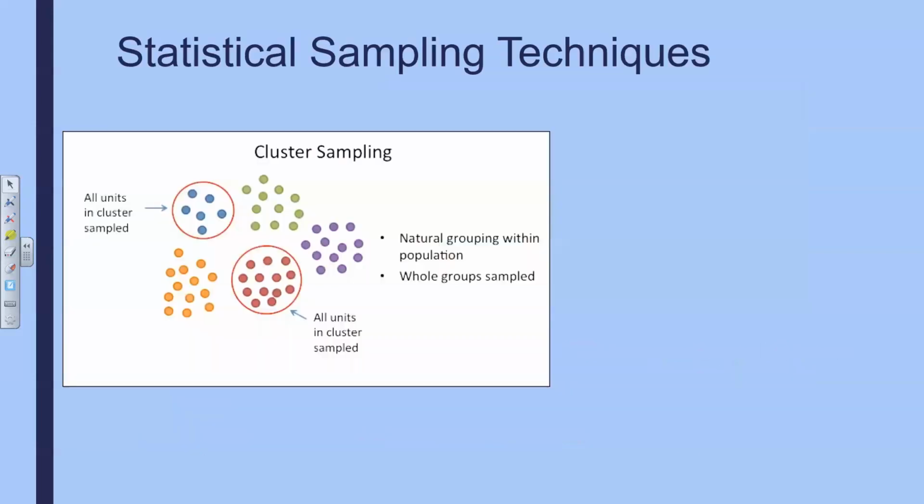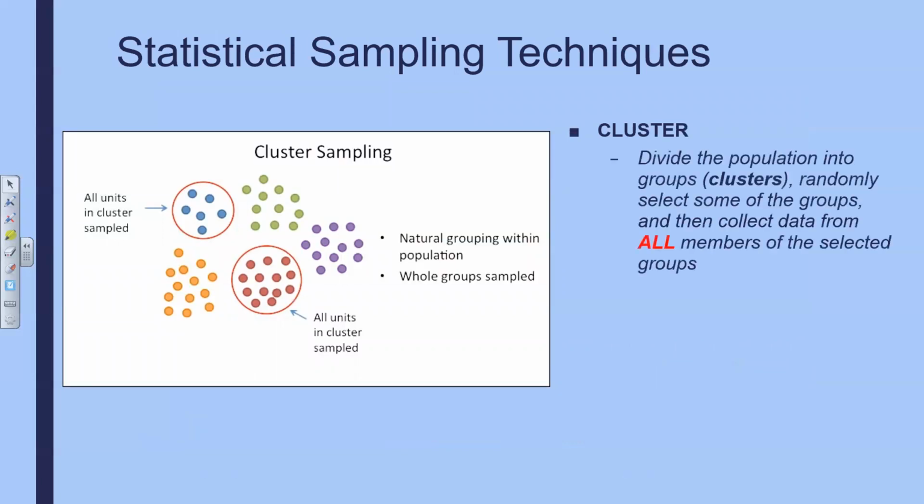The last one is cluster. Okay, cluster sampling, you also divide the population into groups. Now, this diagram here says it's natural grouping. This one you see a lot, maybe think about dividing the state of Georgia into counties, or into regions.